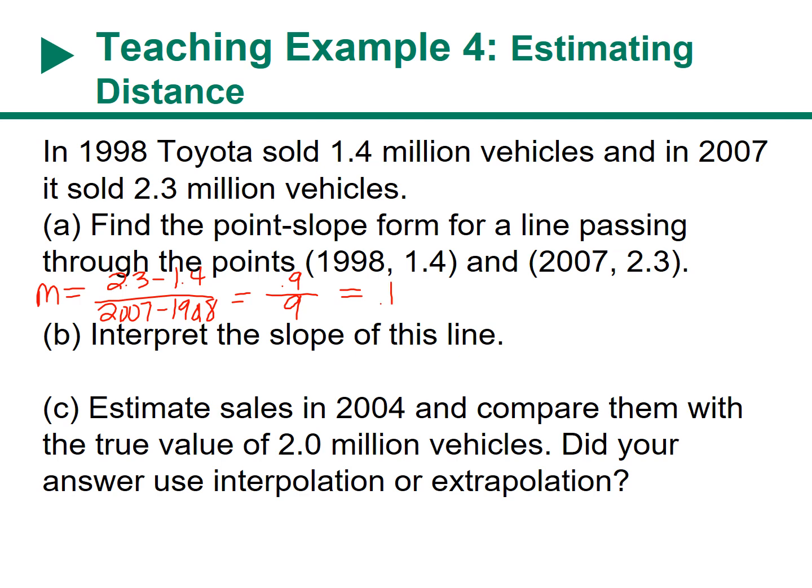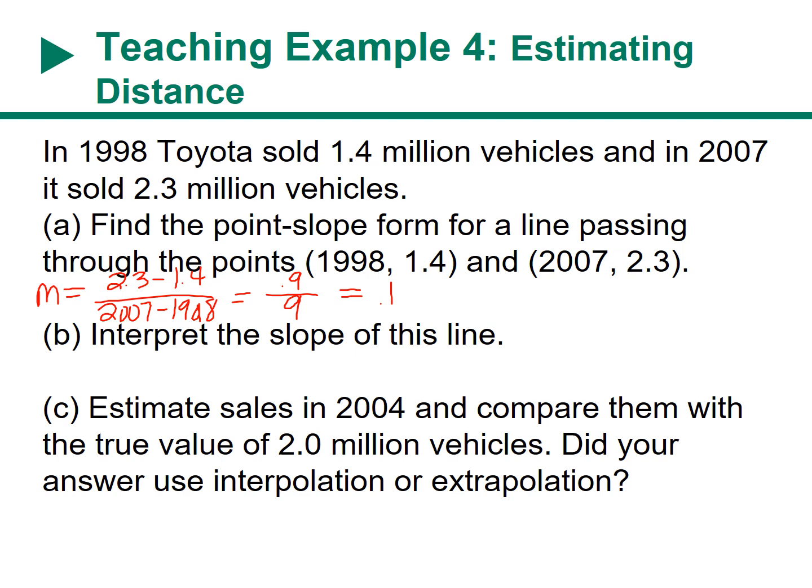And now where are we at? What's left to do? We found our slope. It wants us to find the point slope, which just means choose one of these points and plug it in. Doesn't matter which one.